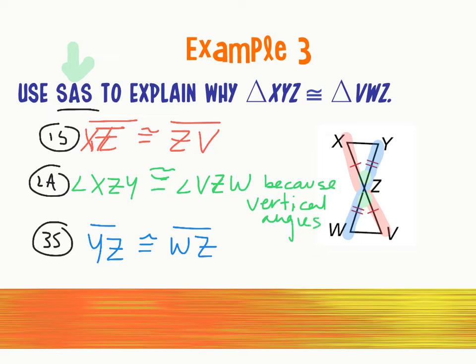So now we know that triangle XYZ is congruent to triangle VWZ by side, angle, side.